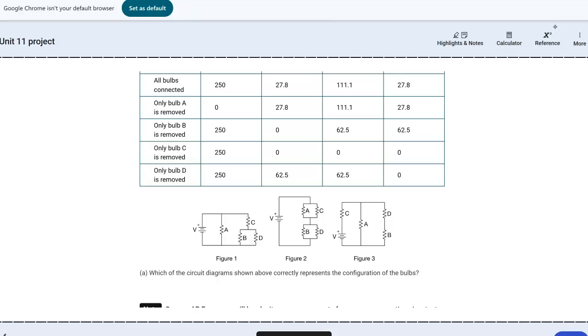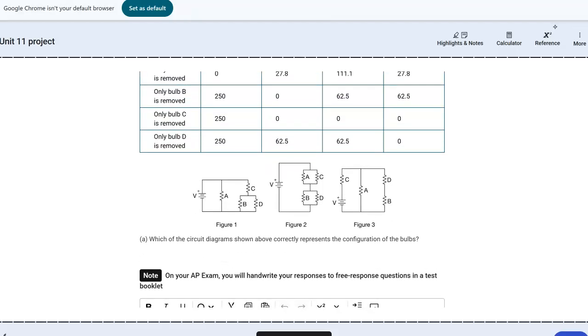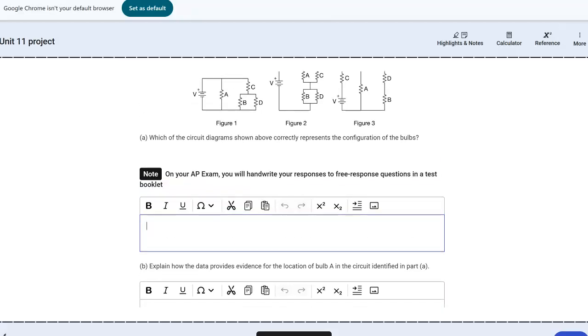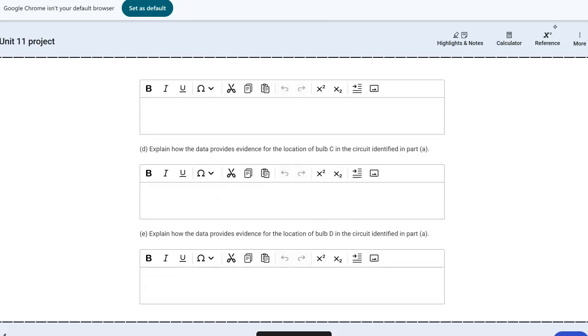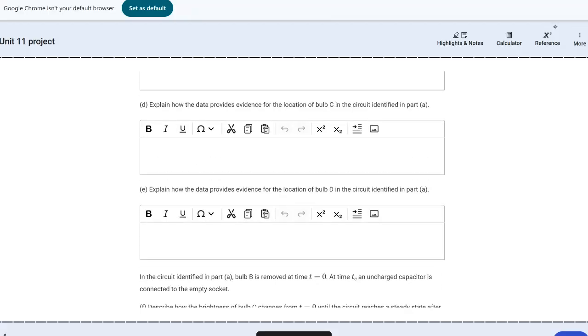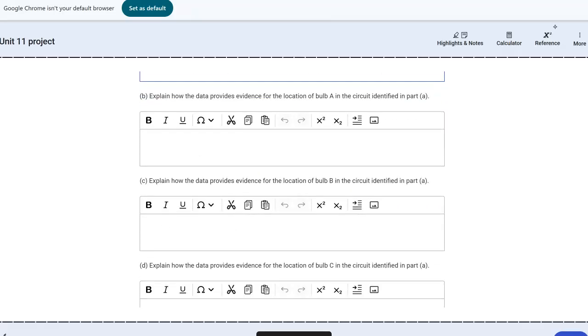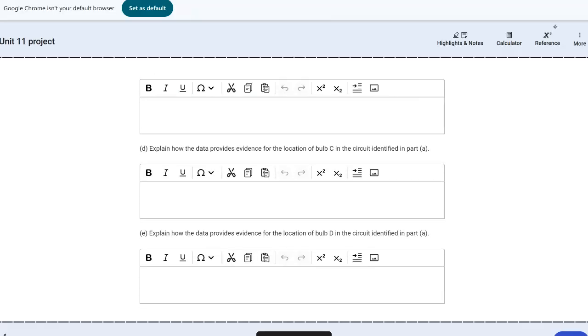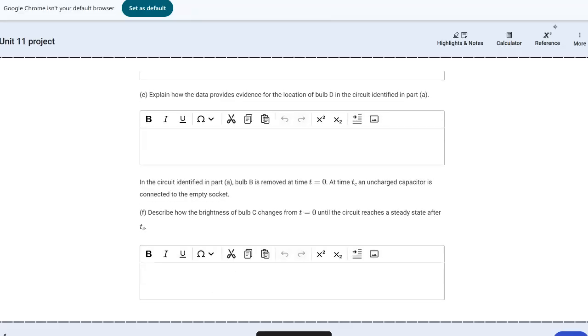So in the time leading up to steady state, with B's socket empty, this BCD branch is open, and current won't flow through. So C's brightness would be 0.